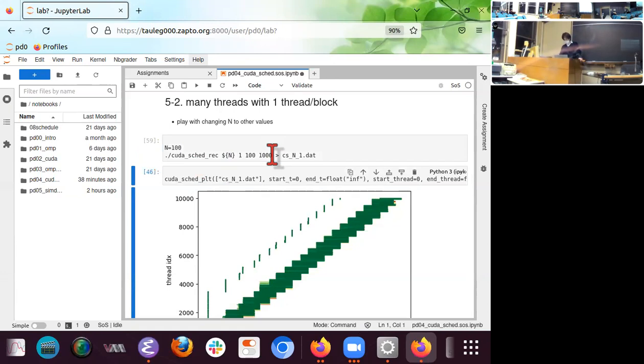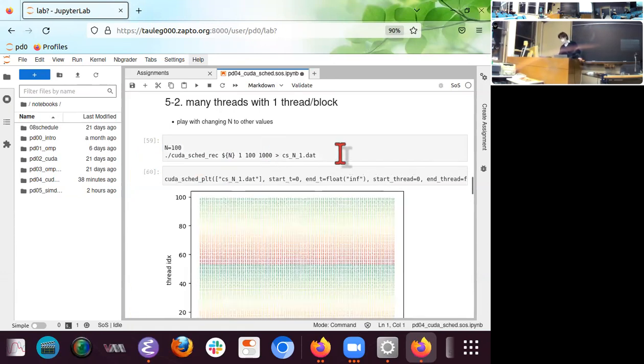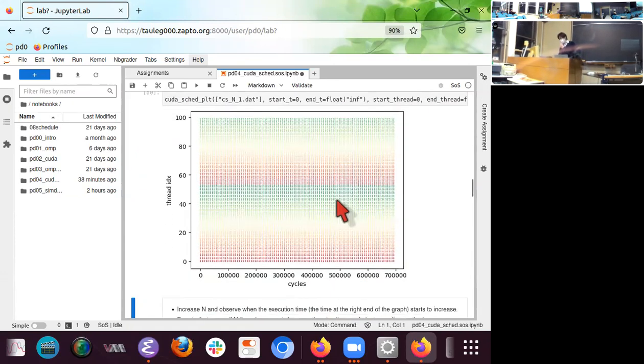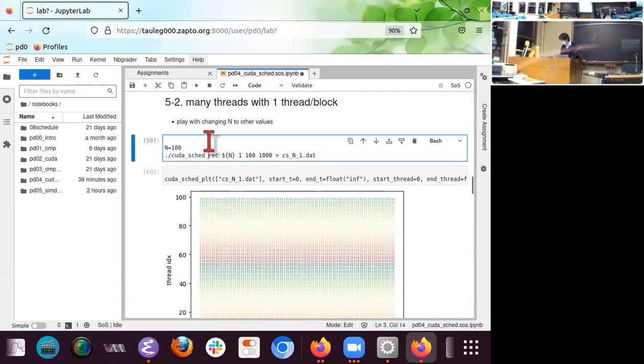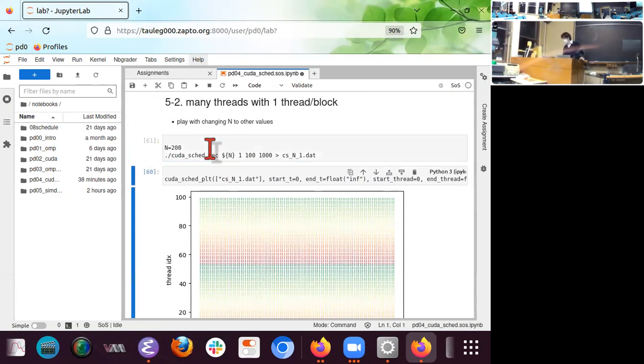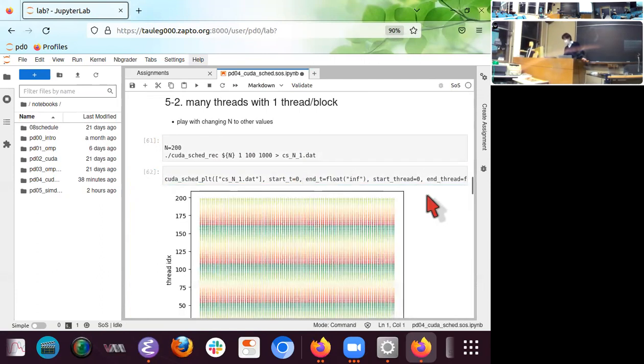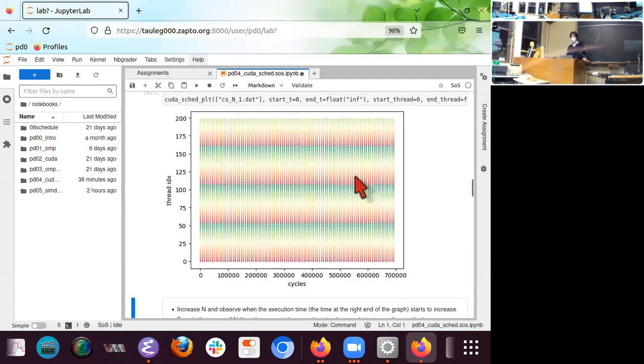So when you visualize it, what does it look like? It looks like this. Let me slightly increase this number for the purpose of explanation later. So let's make it 200. So you create 200 thread blocks, each still having only a single thread.